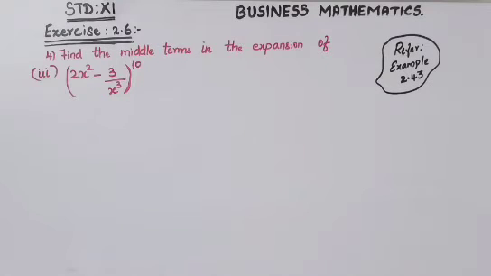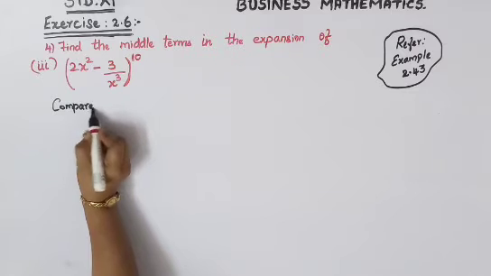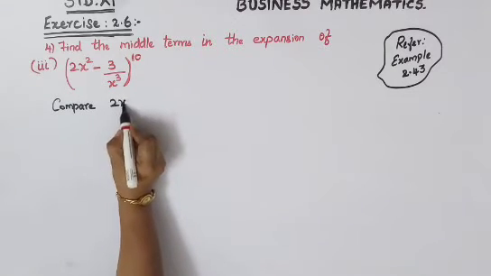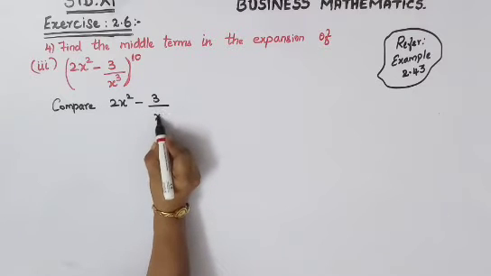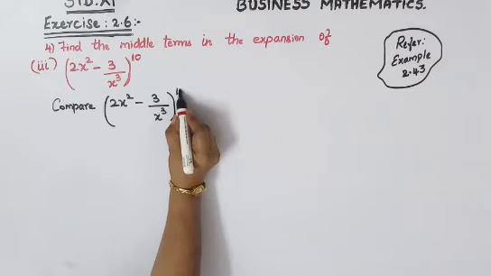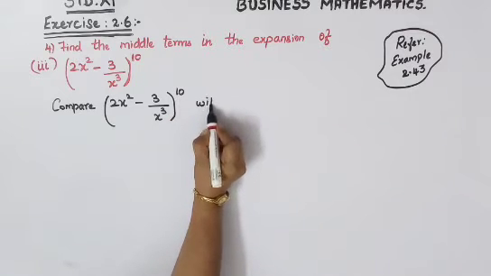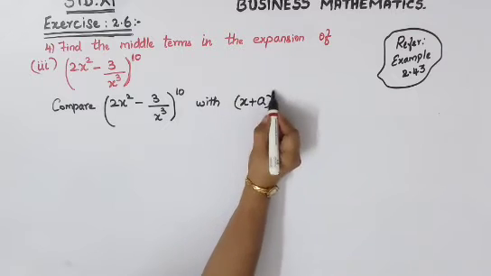Fourth question, third subdivision. (2x square minus 3 divided by x cube) the whole power 10. Again you will have to find your middle term. Compare your question, (2x square minus 3 divided by x cube) the whole power 10 with (x plus a) the whole power n.